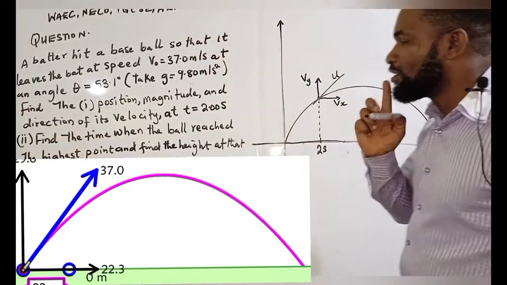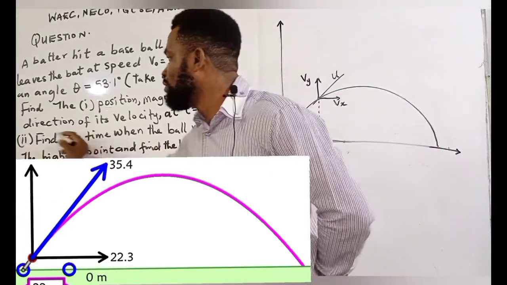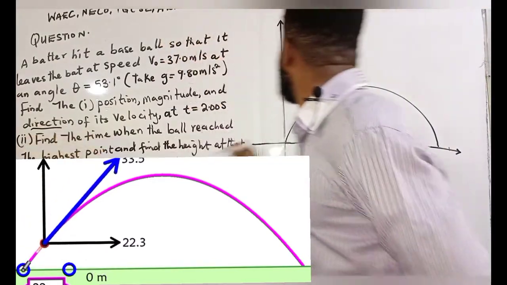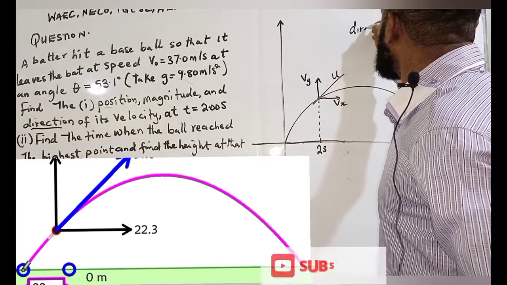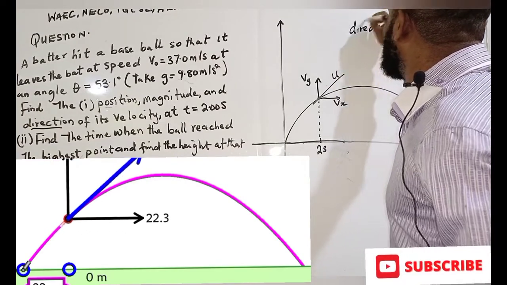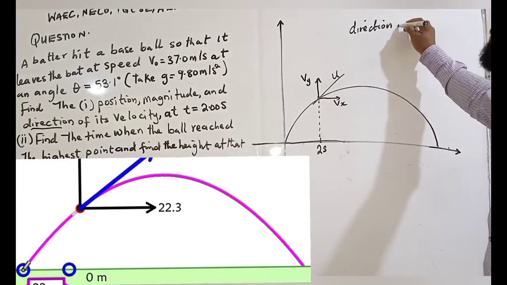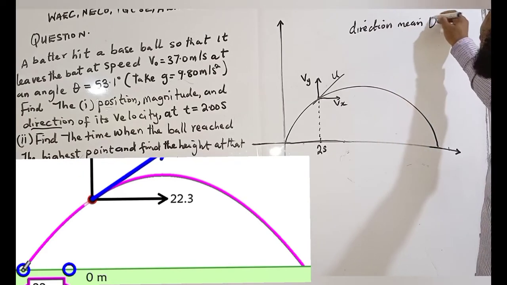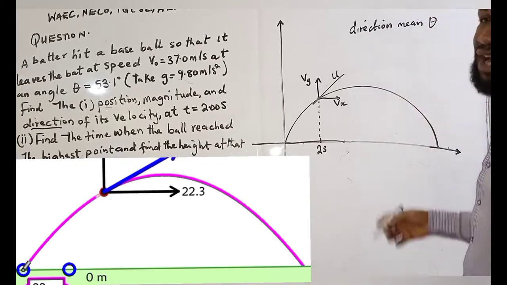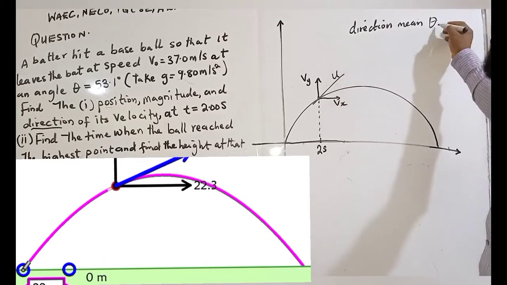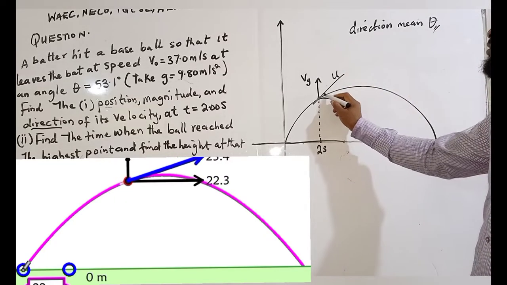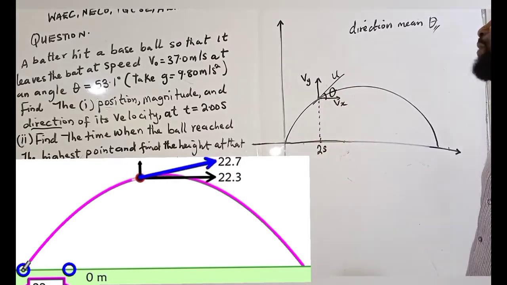I cannot find the direction without finding Vy. Also, before that, let me tell you that when we're talking about direction, direction means angle in maths. When you talk about direction, you're talking about theta. What angle did it make at that point?